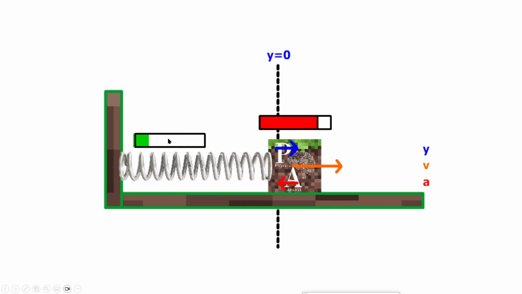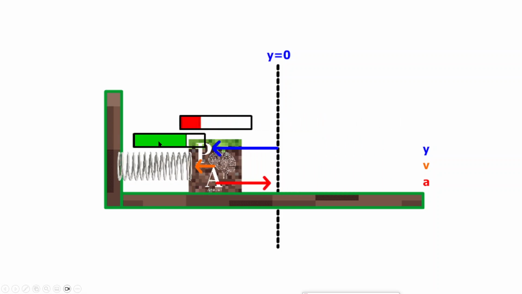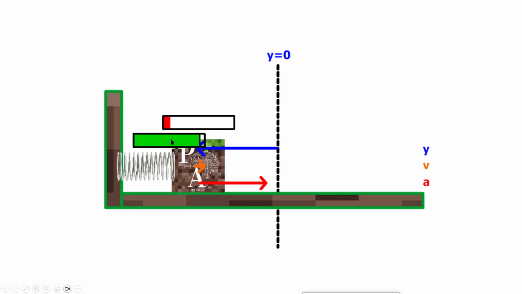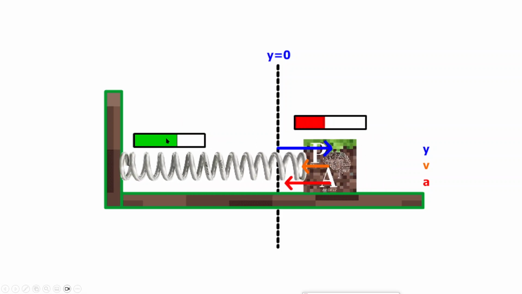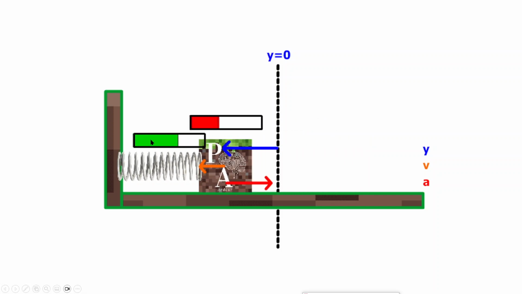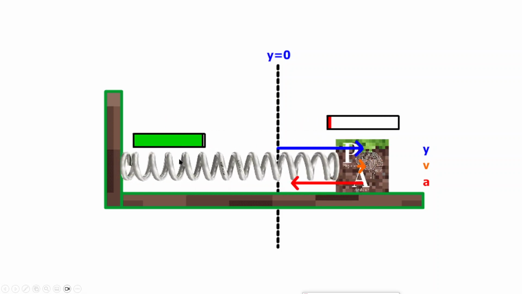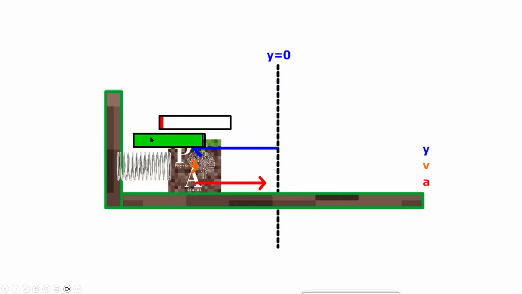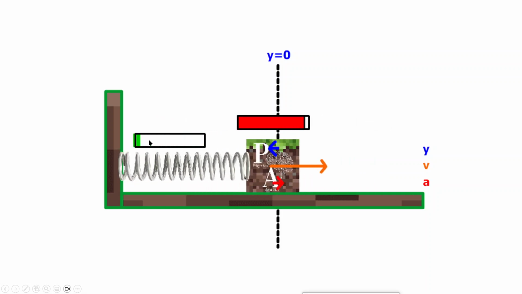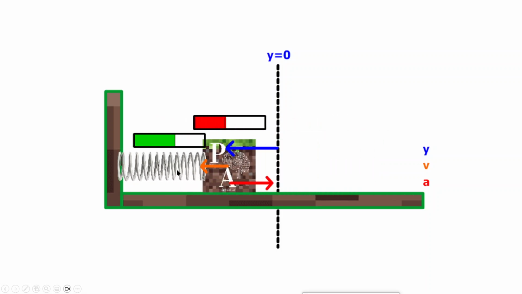It refers to potential energy, that means the elastic potential energy of the spring. That's why I put the green bar near the spring. The green bar shows the elastic potential energy stored in the spring.